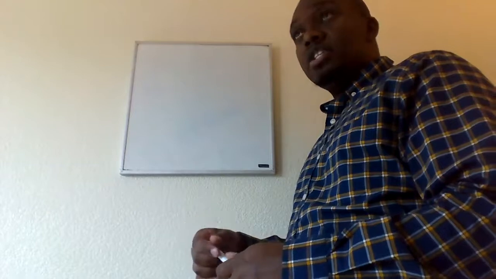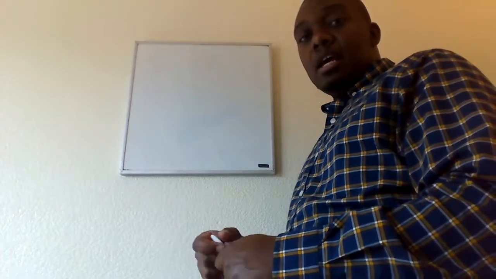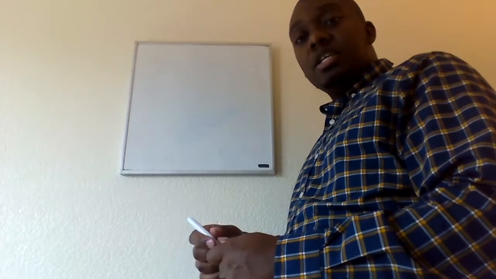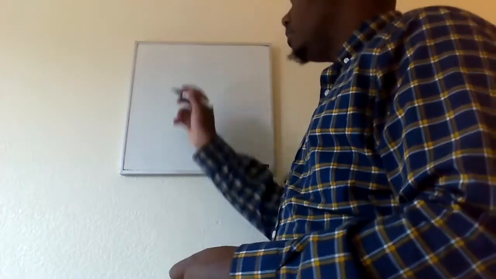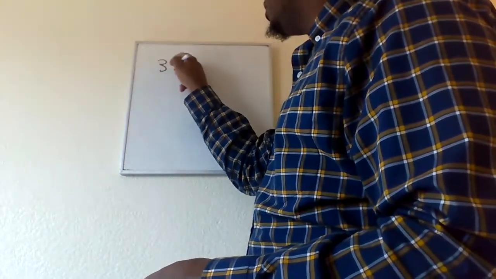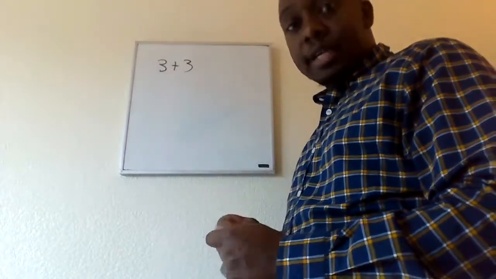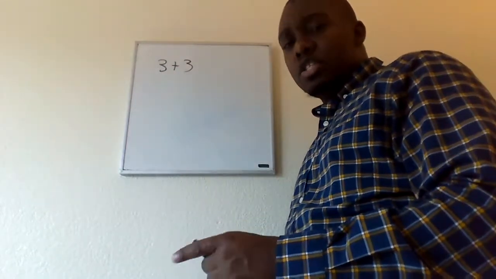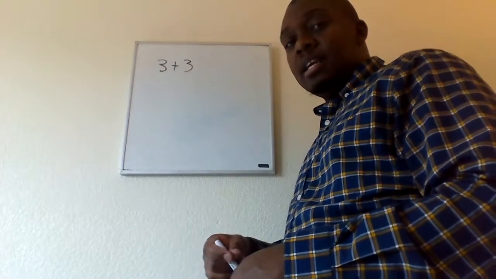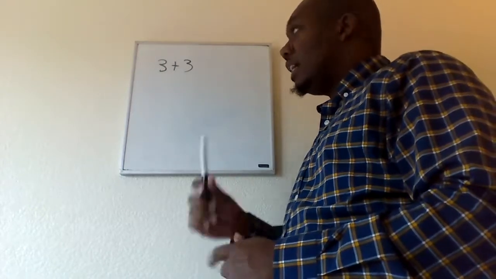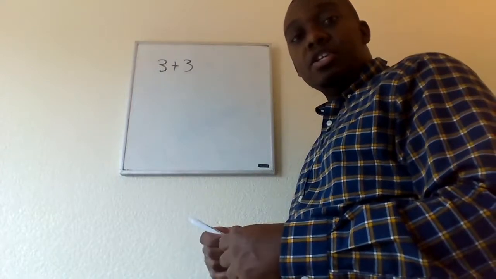Now, when it comes to integer addition, meaning adding numbers in our integers, how do we do that? Well, I'll start off with a very simple example. 3 plus 3. Yes, these are two integers. Many of you are probably looking at this and saying, what is he talking about? Those aren't integers.